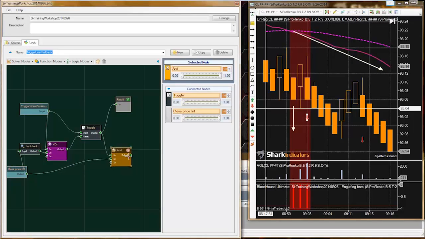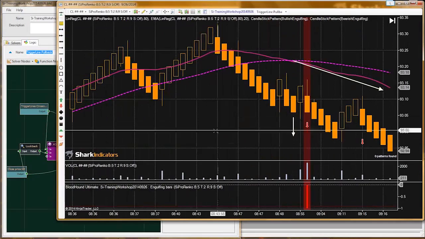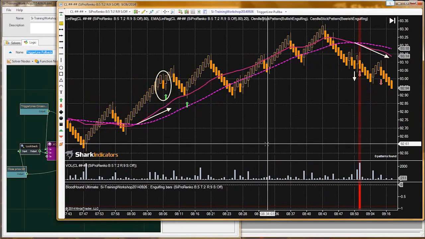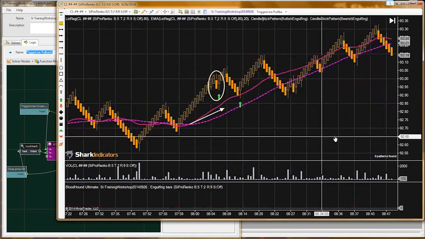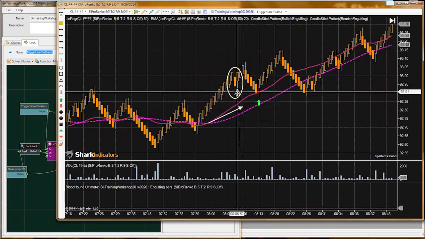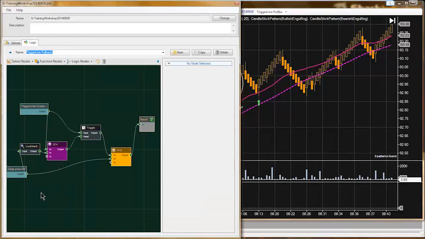And so now if we take a look at the full signal here, like so, and oh, look at this. Now we lost our long signal. Let's see what's going on there.